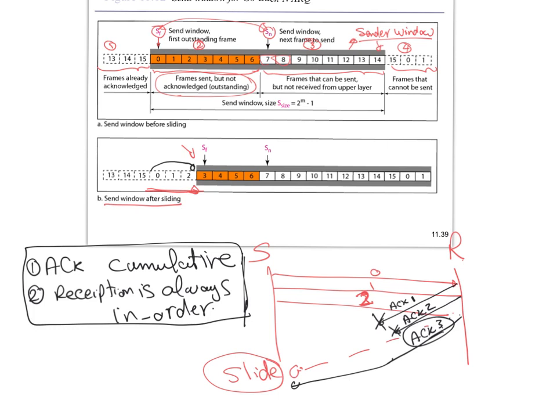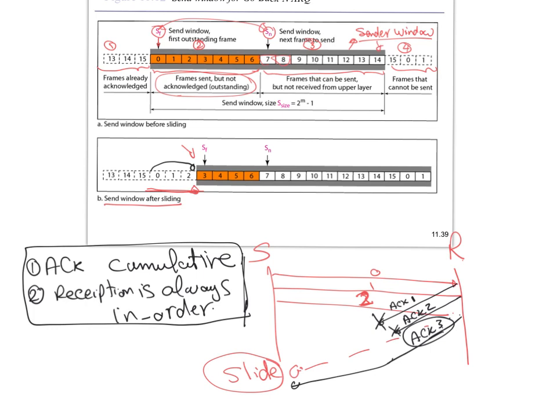Acknowledgement is always cumulative. So just the fact that I lost these two acknowledgements doesn't mean that the sender will stop. Acknowledgement number 3 overrides acknowledgement 2 and acknowledgement 1, which is a very good advantage. Even if the feedback channel is erroneous and keeps losing acknowledgements, this may not affect the performance of Go-Back-N.